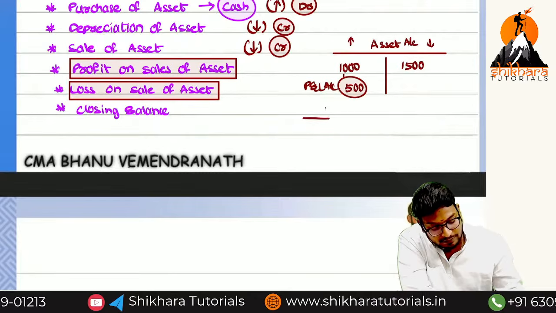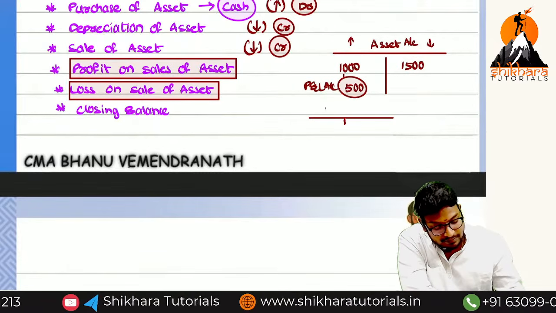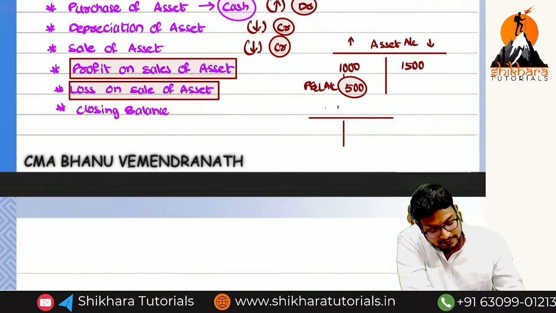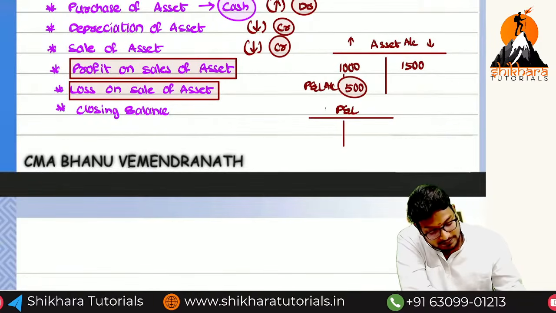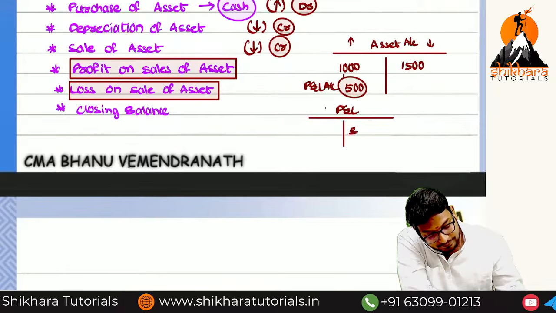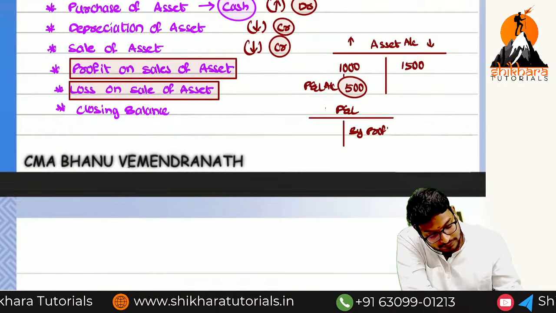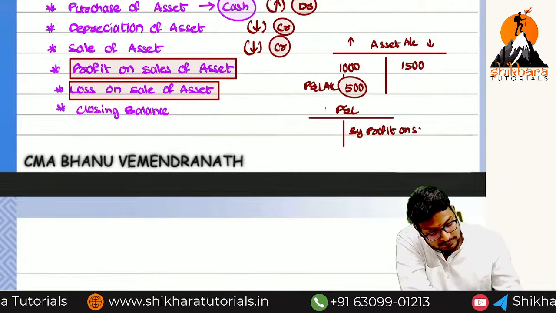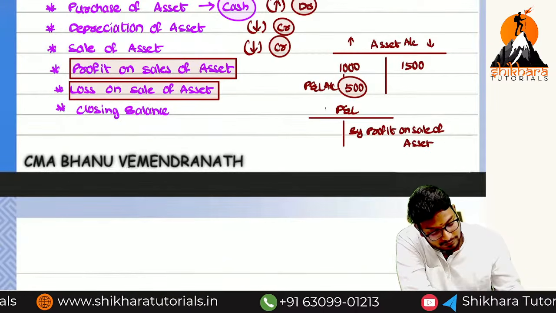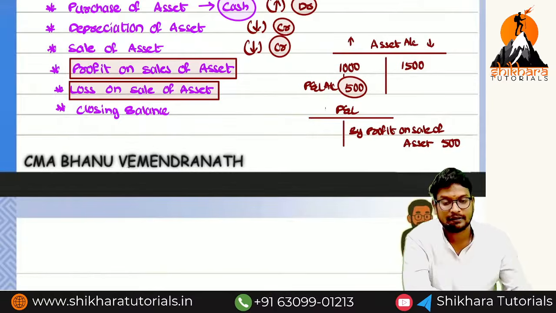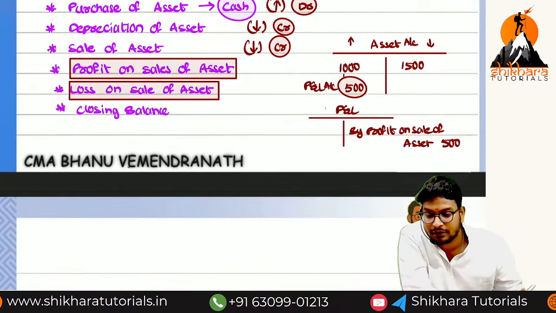In the P&L account, which side do we pass it? Here in this account it is the debit side, so in the P&L account we need to record on the credit side, by profit on sale of asset, 500 rupees.